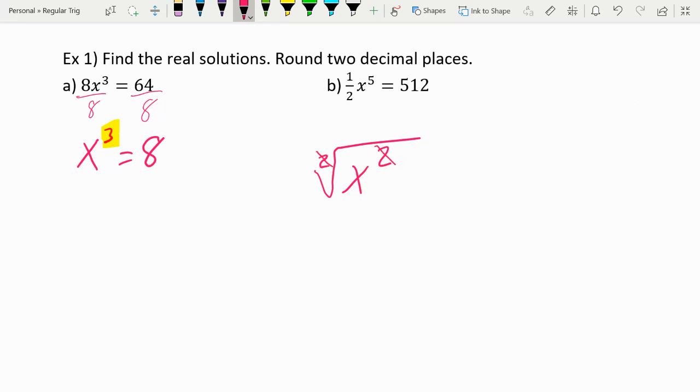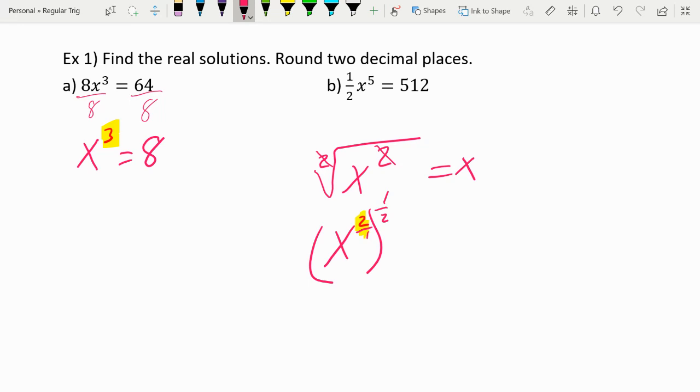So these 2's cancel each other out, and this would be equal to x. Another way that we can get rid of that exponent of 2 is to raise it to the 1/2 power. All I did was take the reciprocal, because I can think of 2 as 2 over 1.